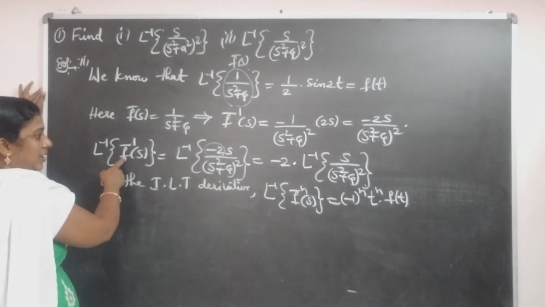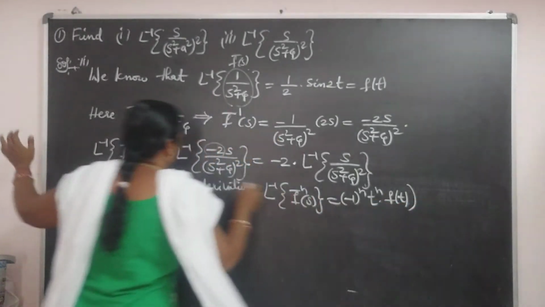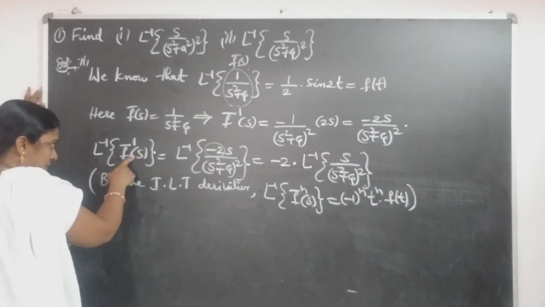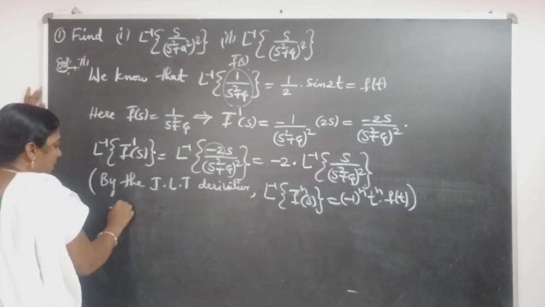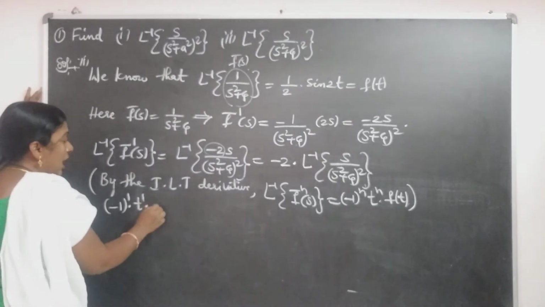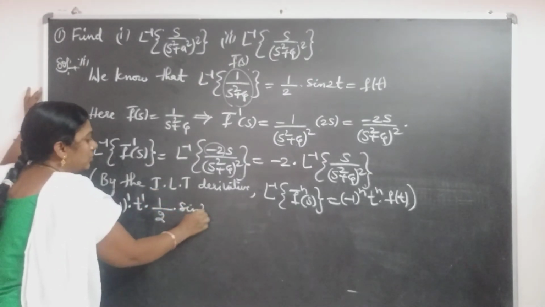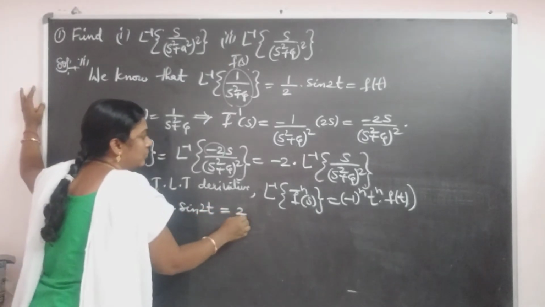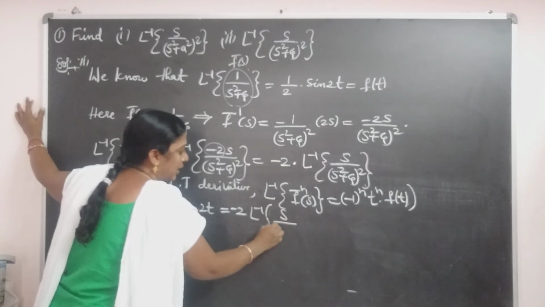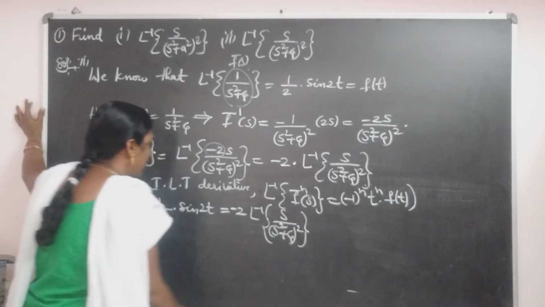Just we apply here: L inverse of f bar dash of s is equal to (-1)^1 t^1 into f(t), which is 1 by 2 into sin 2t. It is equal to -2 L inverse of s by (s^2 + 4) whole square.